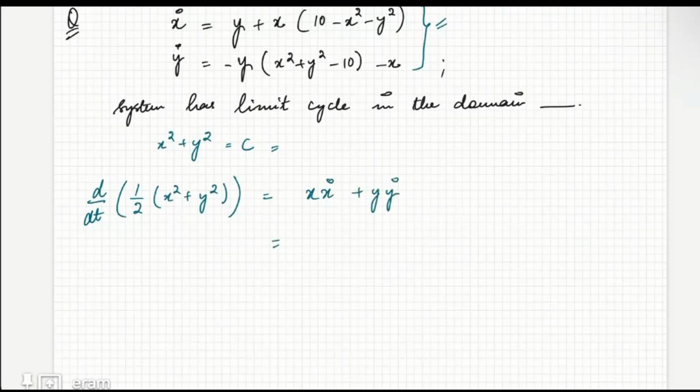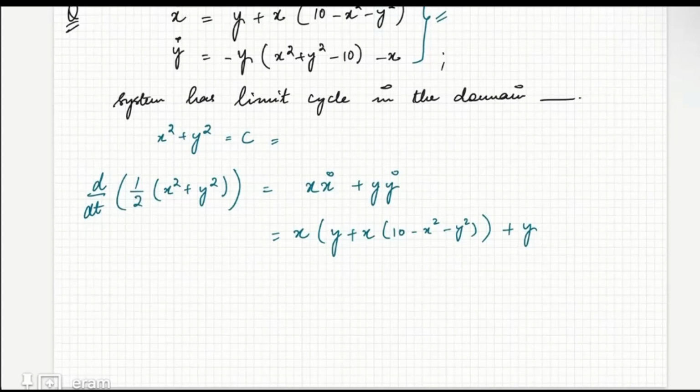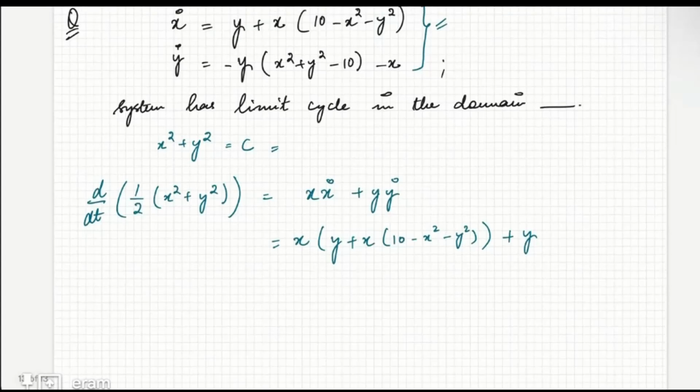Now when we put the dynamics in this equation, we get x times (y plus x(10 minus x square minus y square)), and then y times (minus x minus y).